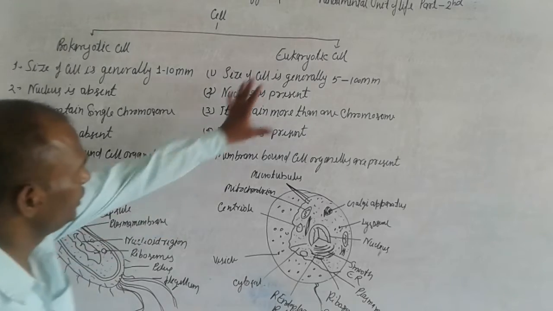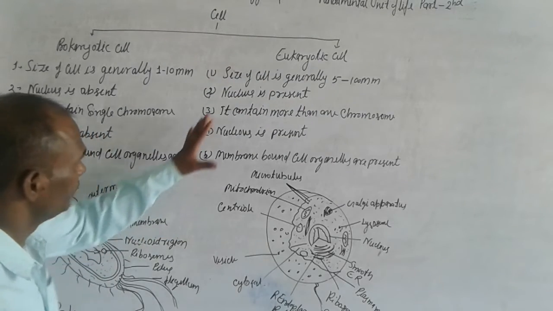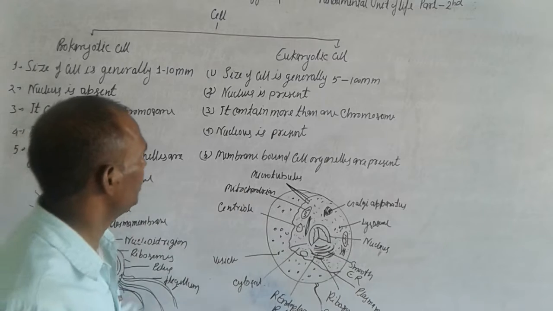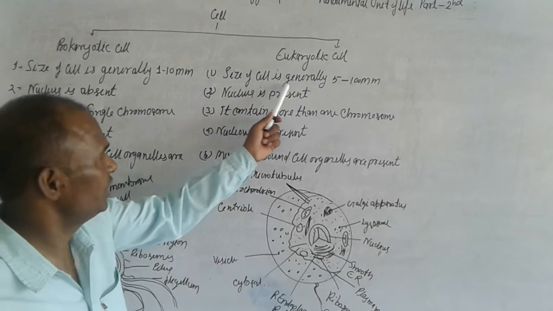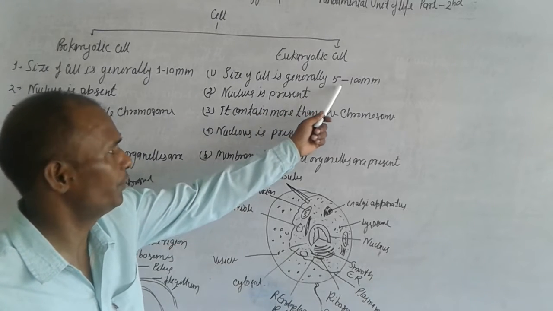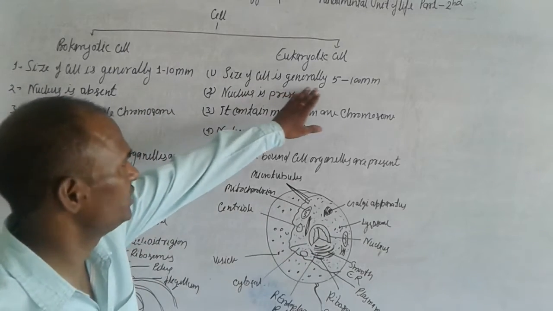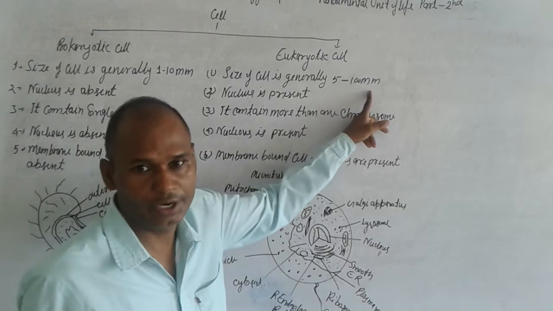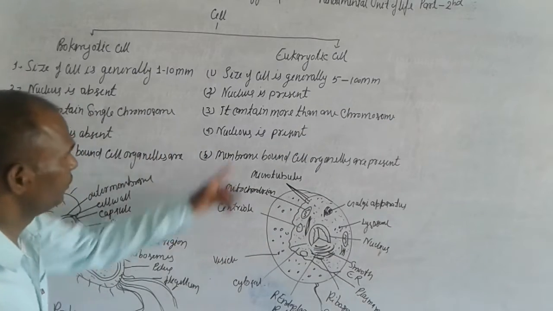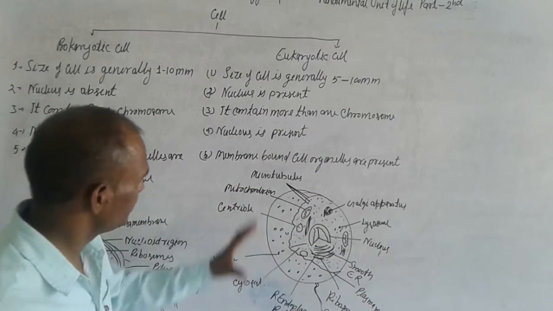Now we discuss the eukaryotic cell. The size of a eukaryotic cell is generally 5 to 100 mm. The nucleus is present in this cell.